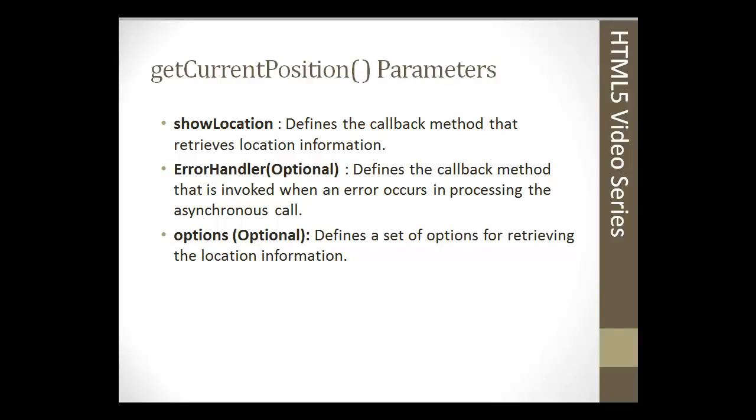And next is the error handler. The error handler method invokes if there's any kind of error or if the positioning fails. And then finally we have the options parameter, which will define a set of options that I can show you when we start the programming.